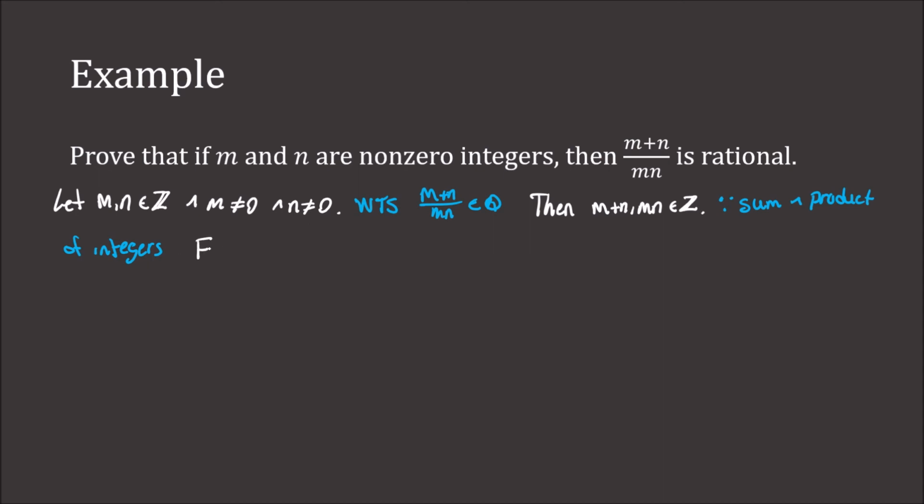Furthermore, since m is not 0 and n is not 0, m times n is not 0 by the zero property.